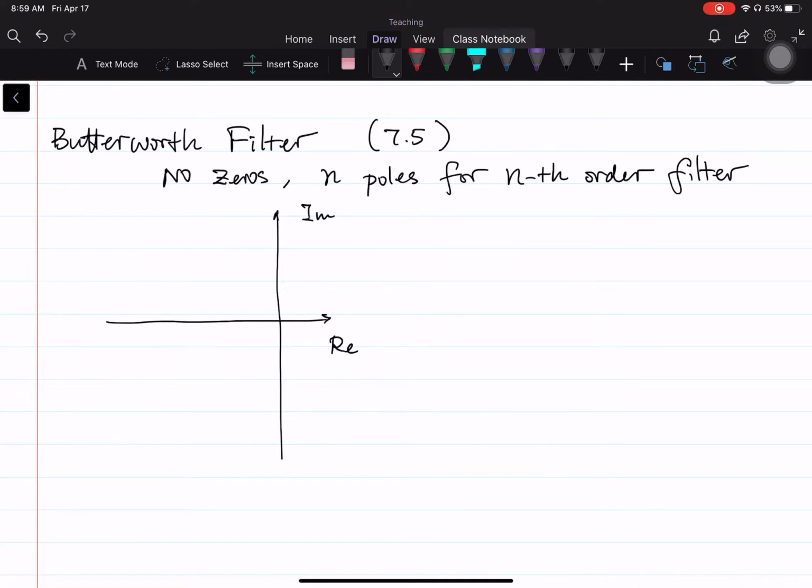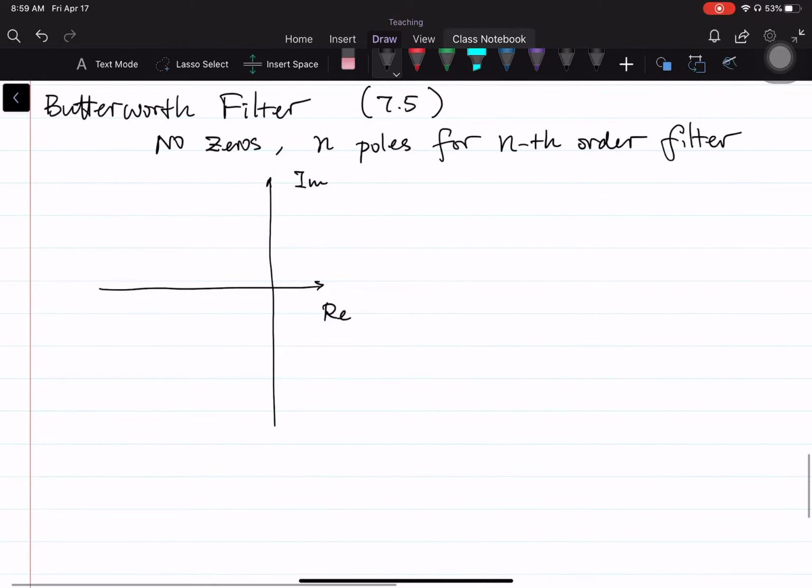The filter must be asymptotically stable. And if n is odd, it must have a pole at -1. And the rest of the poles must be on the unit circle. Of course, in this case, the semicircle. And the poles are uniformly located. There have to be a total of n poles.